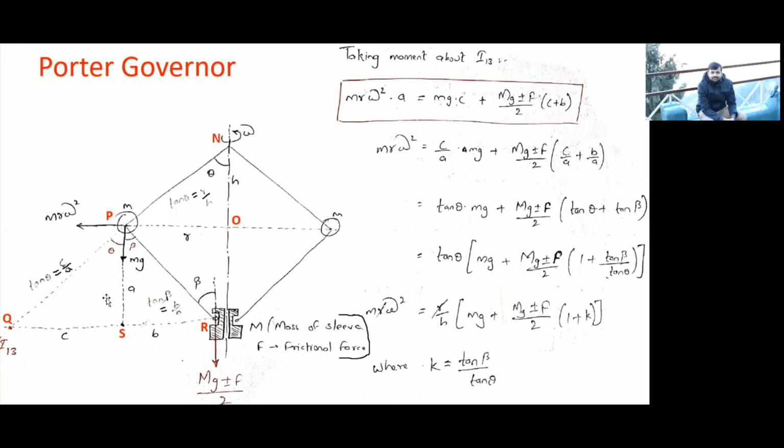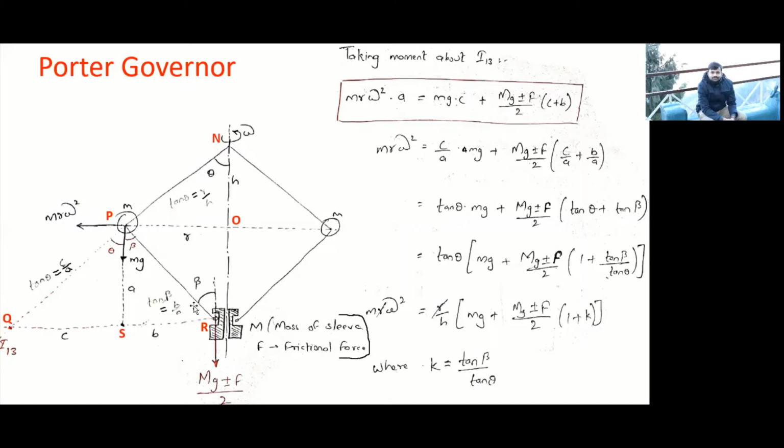All right. Now, this angle is theta, and this angle is also theta. This is the weight mg of the flyball, acting in downward direction. The centrifugal force, that is m r omega square, is acting in this direction.